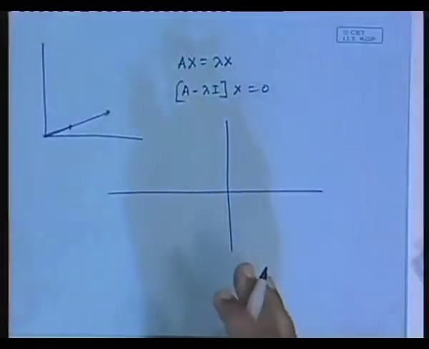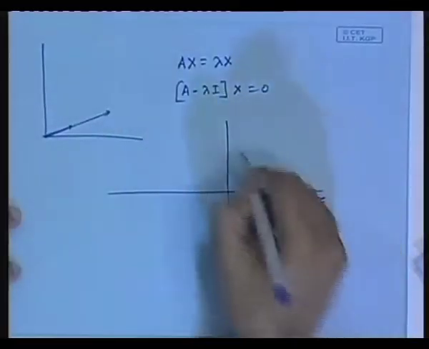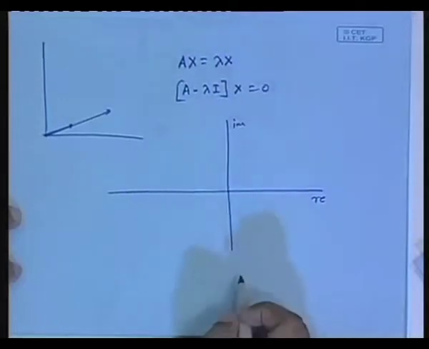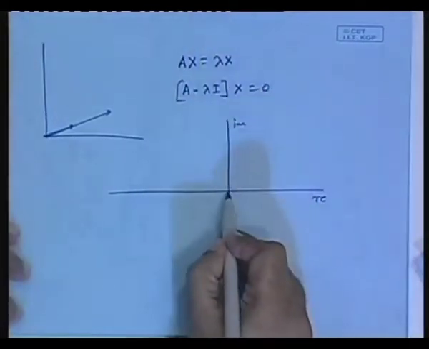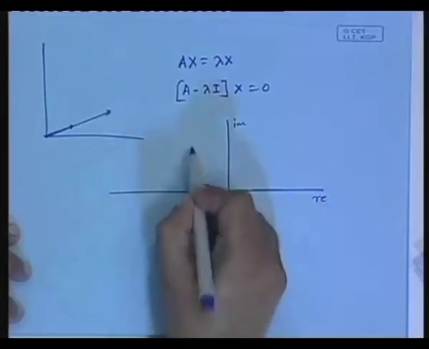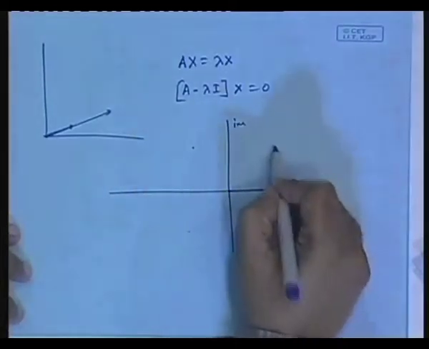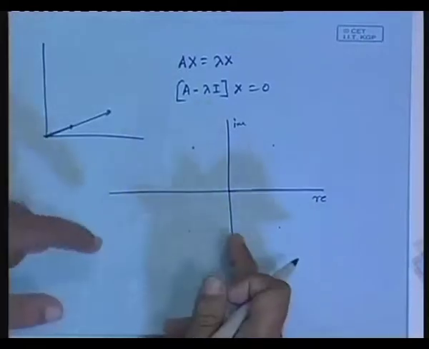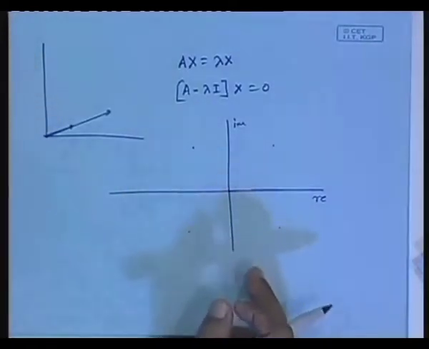In general, if we have the complex plane, the real and imaginary, then the eigenvalues can be on the positive real line, can be on the negative real line, can be like this, can be like that, and in each case you should at least be able to tell what the system's behavior will be like.